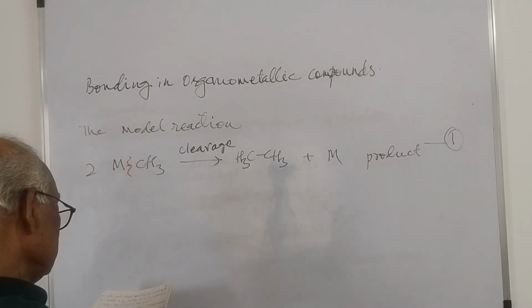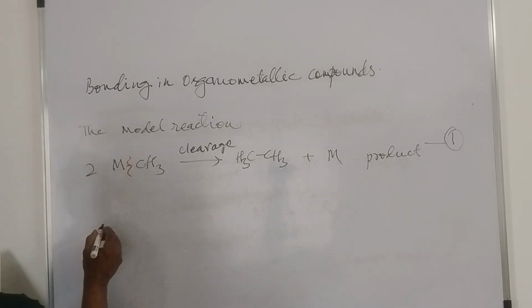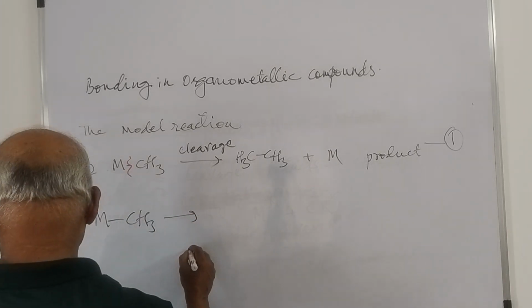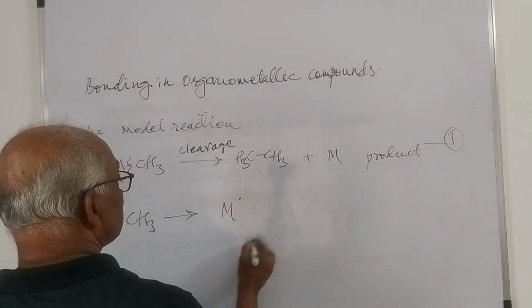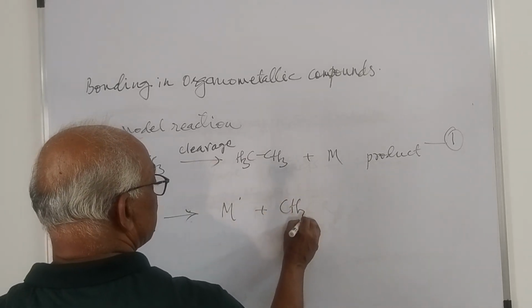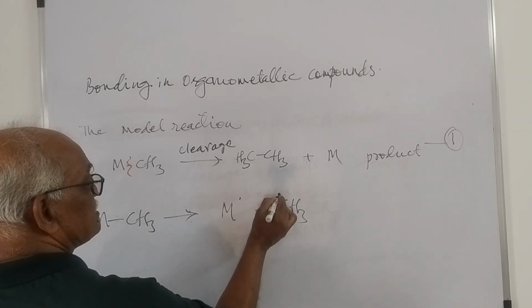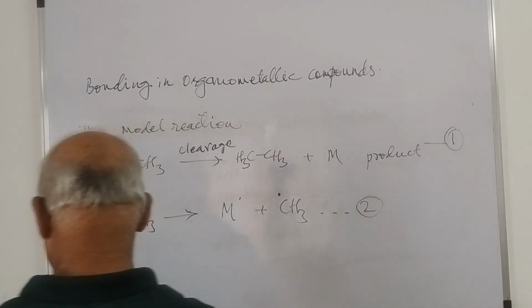Further, in any equilibrium involving the cleavage state, the first cleavage state, we observe that the methyl carbon of MCH3 will form the product like this. It will give methyl free radical plus metal free radical. So this is say the second reaction.